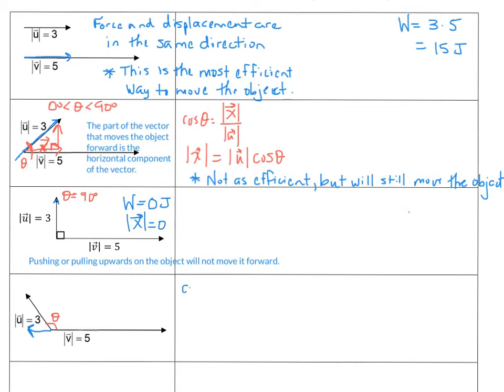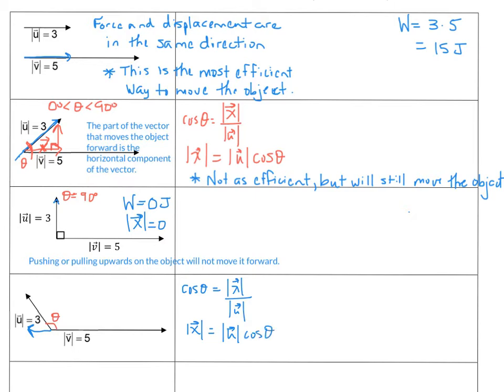But again, we could figure this out. We could take the cosine of our theta, and that will equal the magnitude of that horizontal vector divided by the magnitude of the actual vector itself, the horizontal component. I put H for horizontal there. That means our magnitude of that horizontal component is still going to be the magnitude of vector u times the cos of the angle.